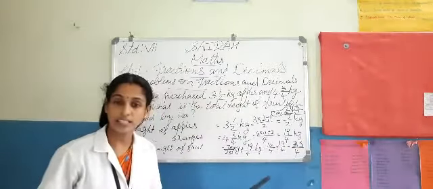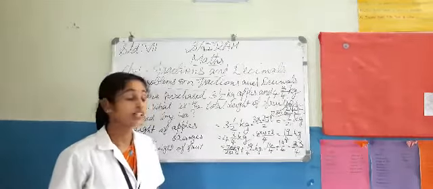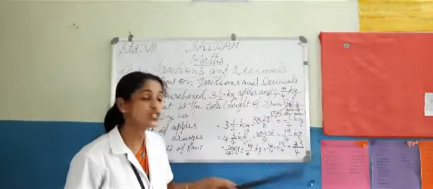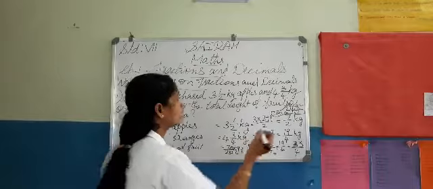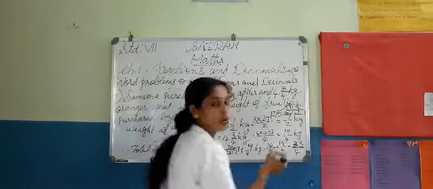So 33 by 4. Here we get an improper fraction. The question is given in mixed fractions, so convert it into a mixed fraction. We divide 33 by 4.